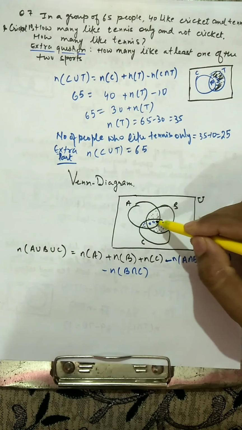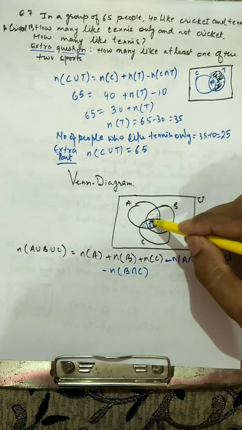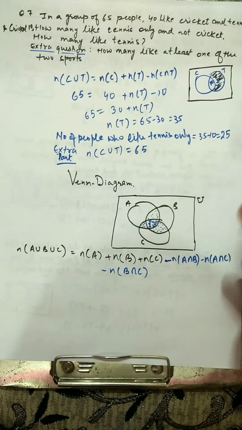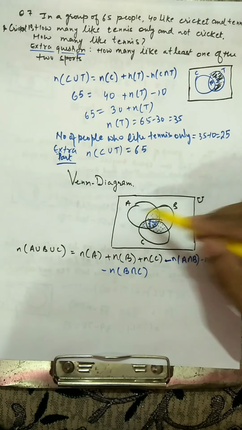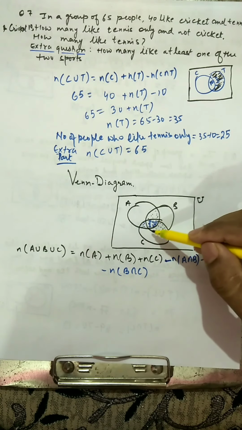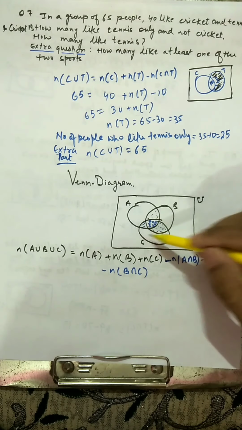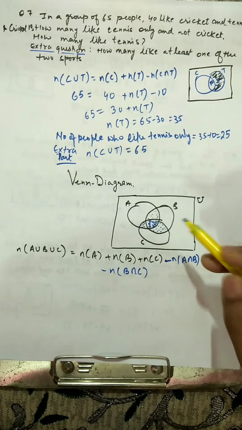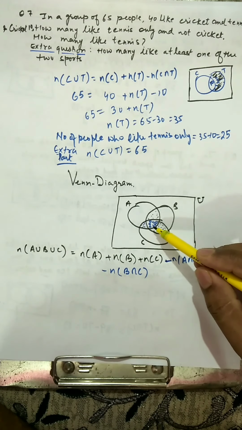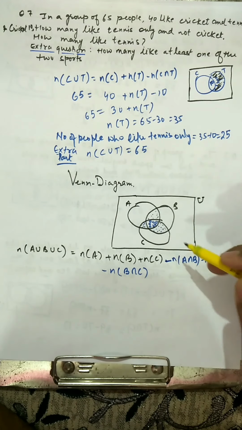So I am marking this with dots. This area is counted thrice, once in A, then in B, and then in C. So this area is counted three times, and the rest of the areas are counted twice. So we have to see what we have done now.